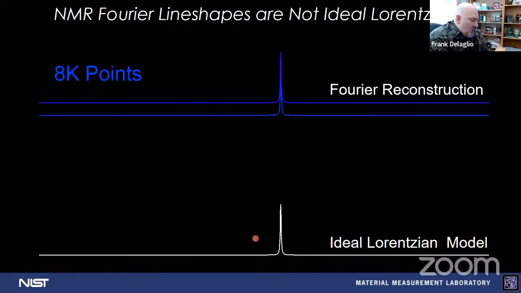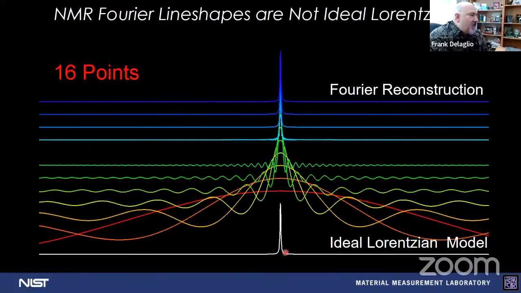What that means is the spectrum that we get from Fourier transforms depends on how we did the spectral processing. All of these spectra that you see here came from the same underlying signal, just sampled in a different way.